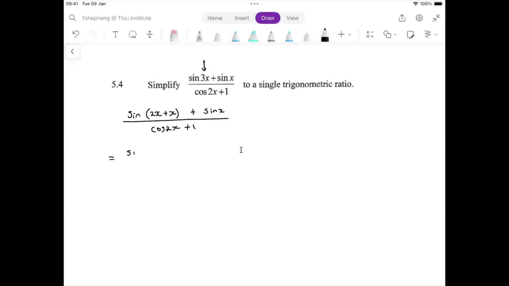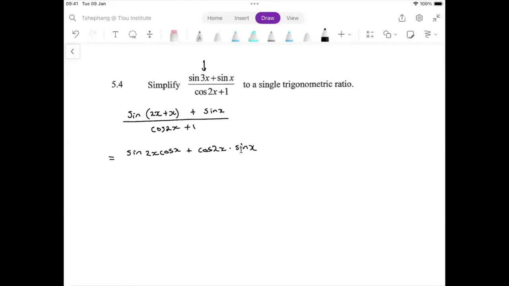Your formula sheet will say this is going to change to sine of 2x cos of x plus cos of 2x multiplied by sine of x.